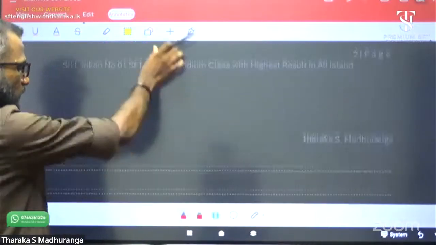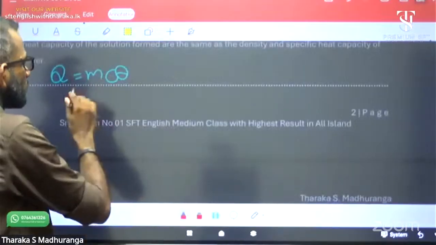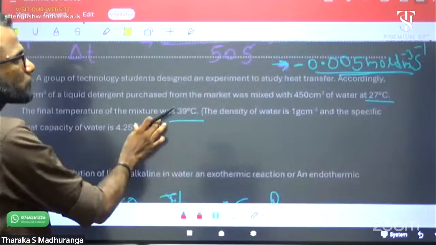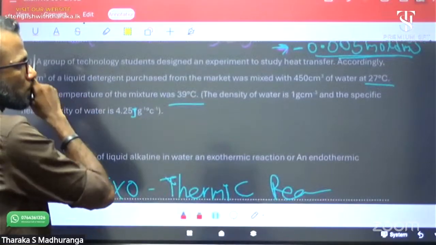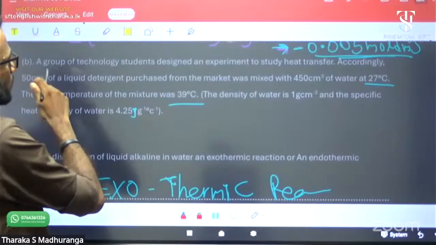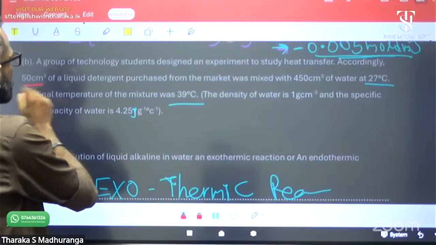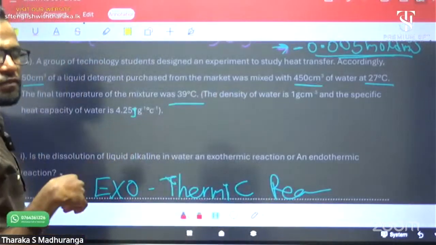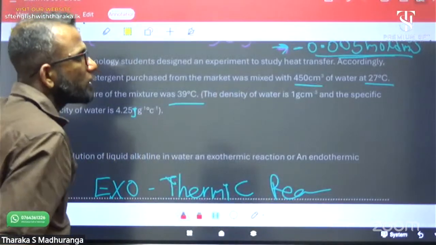Mc theta means mass. How about the mass of solution? Solution mass 50 plus 450, it's 500.